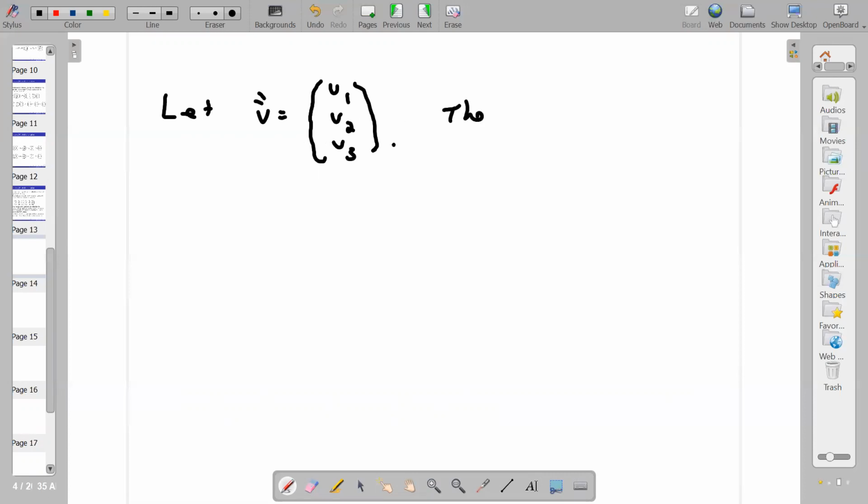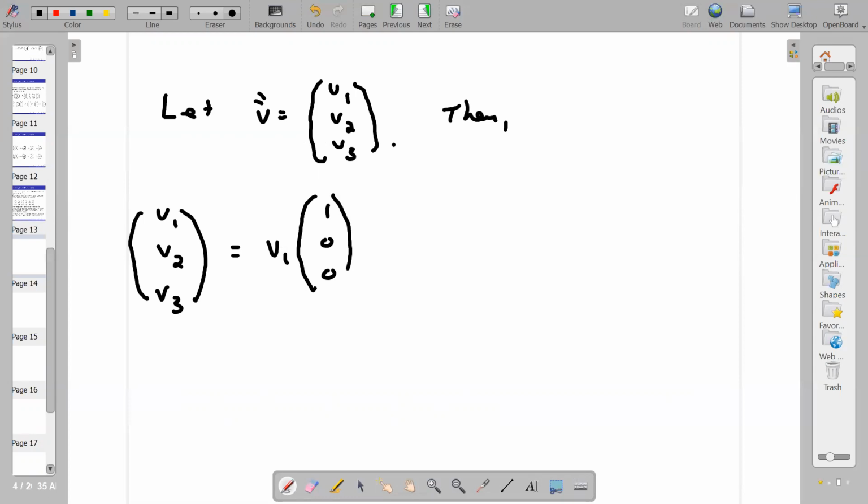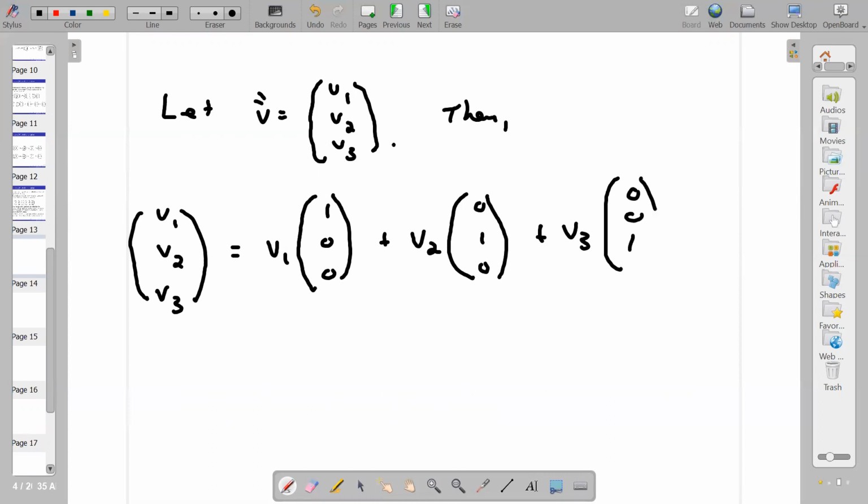Then the vector V, V1, V2, V3, is equal to V1 times 1, 0, 0, plus V2 times 0, 1, 0, plus V3 times 0, 0, 1. So there's your linear combination, right?